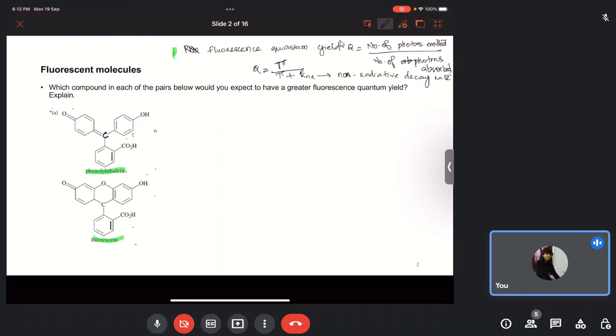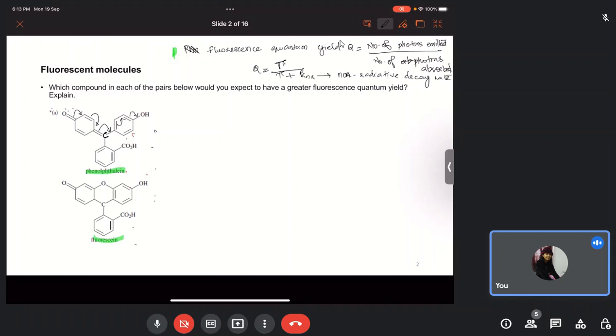If you look at the delocalized structure of phenolphthalein, we can have better delocalization in this particular case. In fluorescein we don't have that much farther delocalization of electrons compared to phenolphthalein.